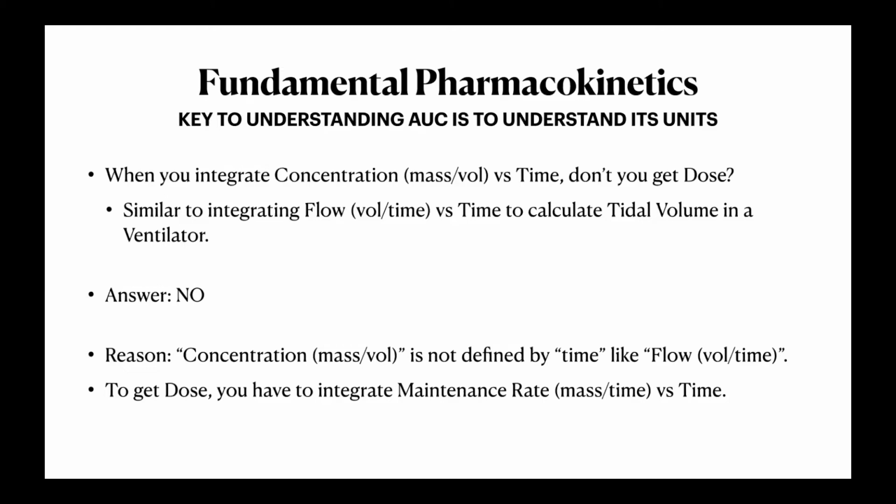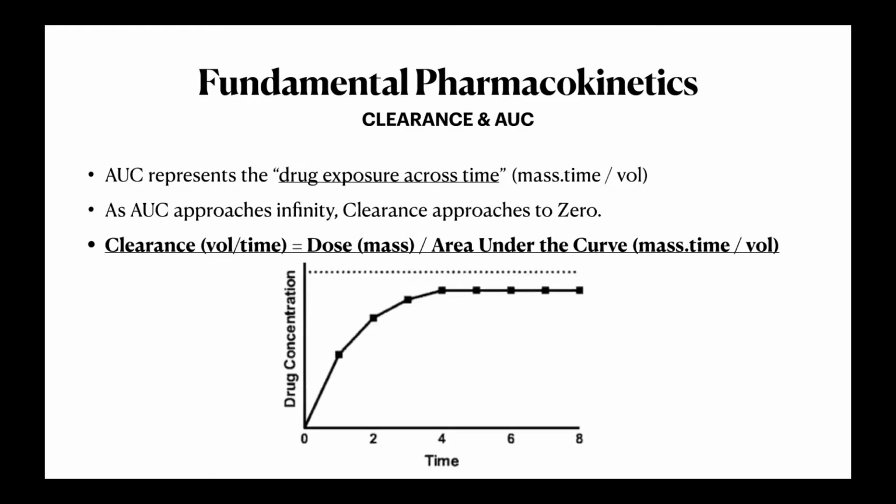The reason for that is that concentration is not defined by time like flow. So flow has units of volume over time, whereas concentration has mass over volume. And if you actually want to calculate the dose, the one you have to integrate is maintenance rate versus time. So maintenance rate has units of mass over time. So the question now is, what does the area under the curve represent?